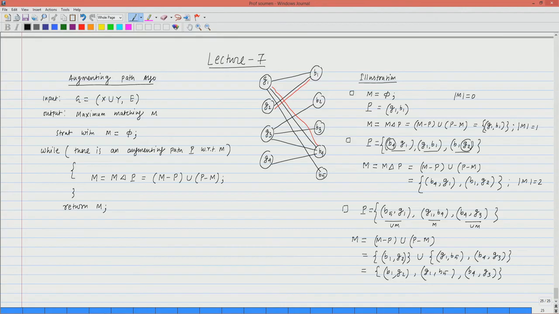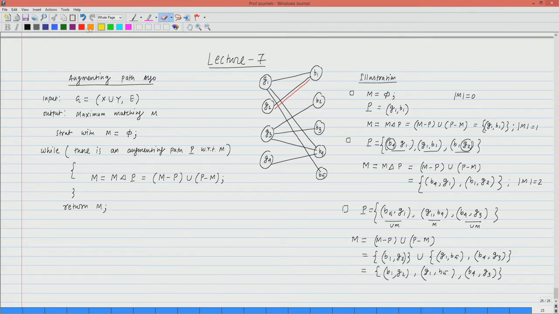G1 B4 is no more a matched edge, so I will remove that.